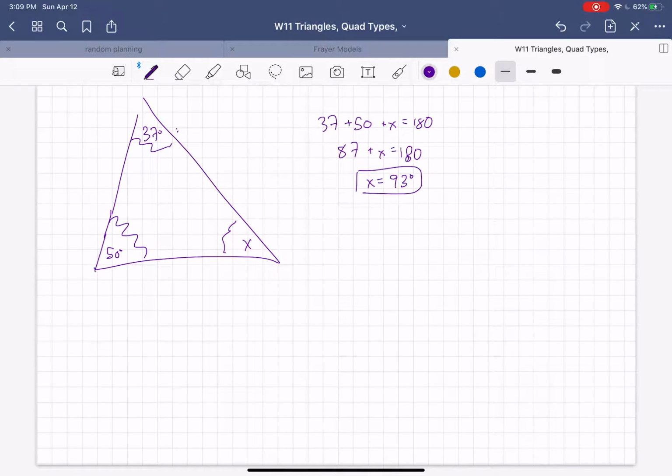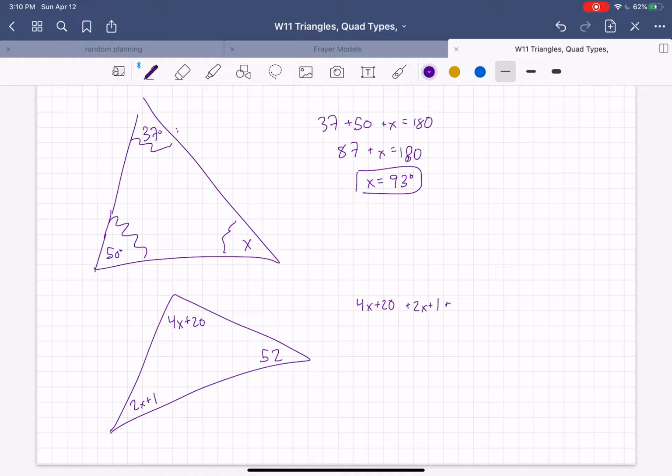We can get a little bit more complicated. If we have another triangle with angles 2x plus 1, 4x plus 20, and maybe 52. I just made that up. We'll see if we get a good number for x. We take those 3 things, add them up, and set it equal to 180.